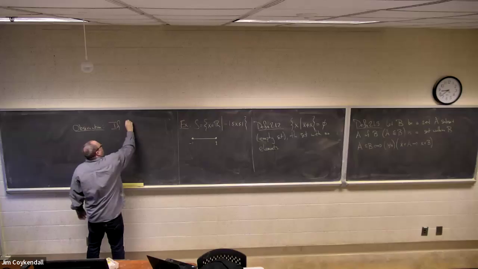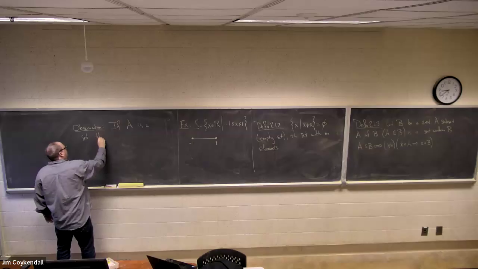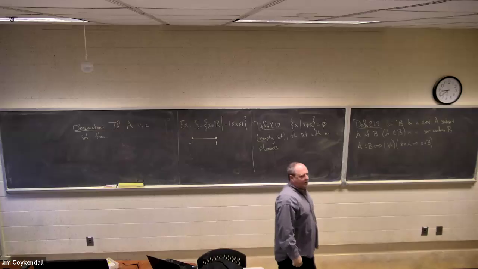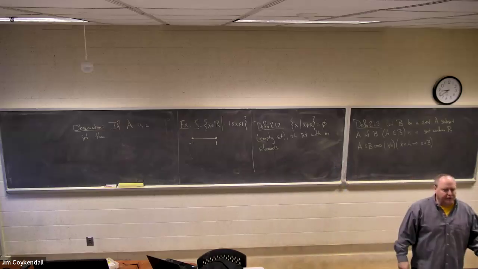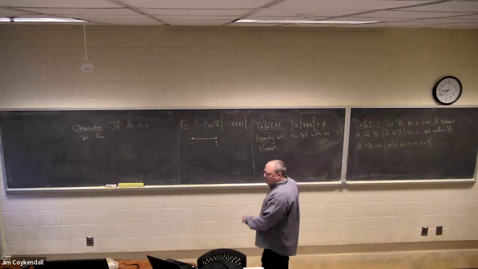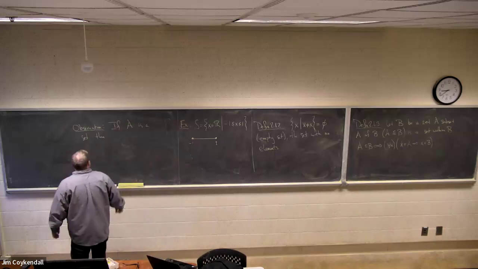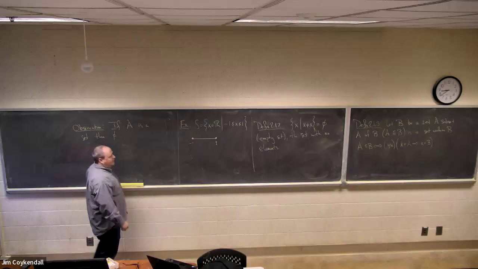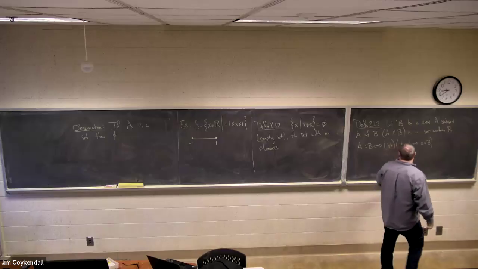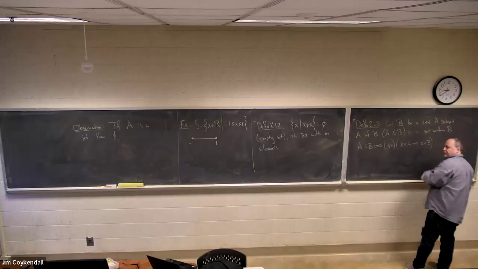If A is a set, then I can automatically think of two subsets of A, for sure. Anybody name me one set that, I don't care what the set is, is automatically a subset? Yes. Ooh, good. The empty set is always a subset. For all X, X in the empty set implies X in A. There is no X in the empty set, so the hypothesis is false, so the statement is true.